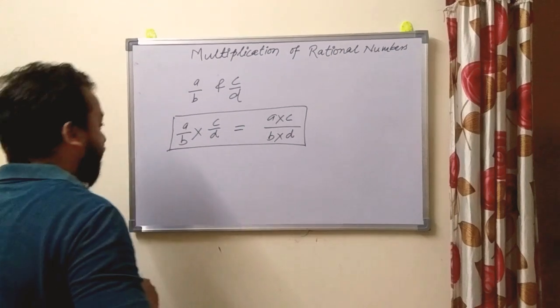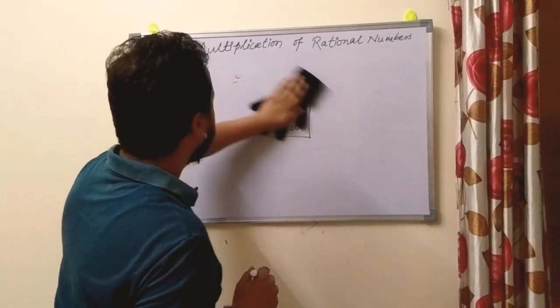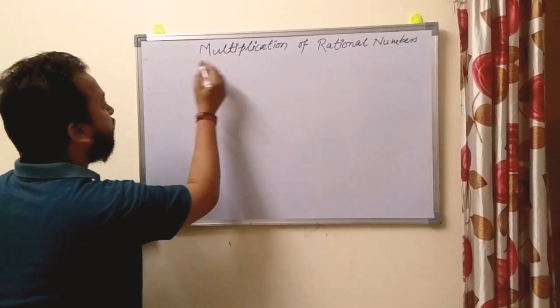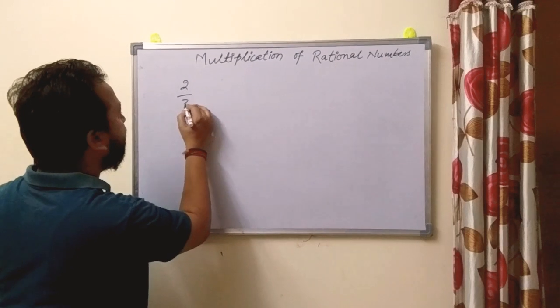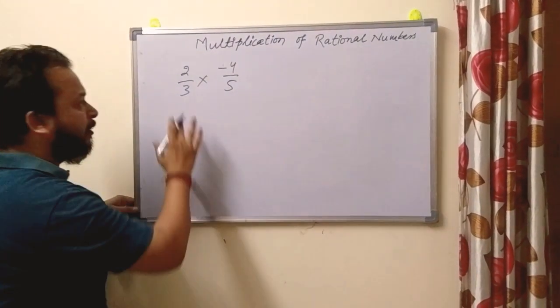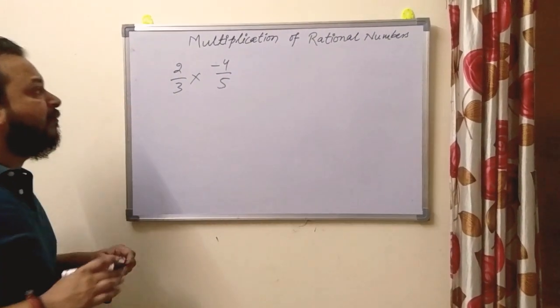Let's take an example. Suppose there is 2 by 3 multiplied by minus 4 by 5. There are two rational numbers, one is 2 by 3, another is minus 4 by 5.